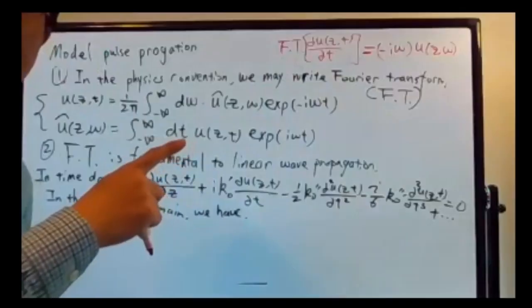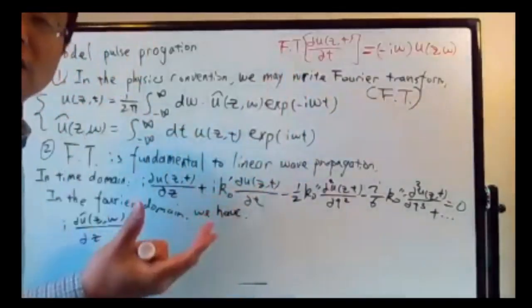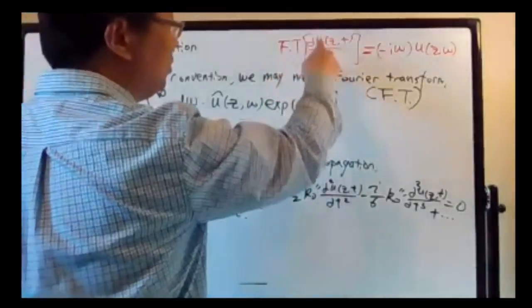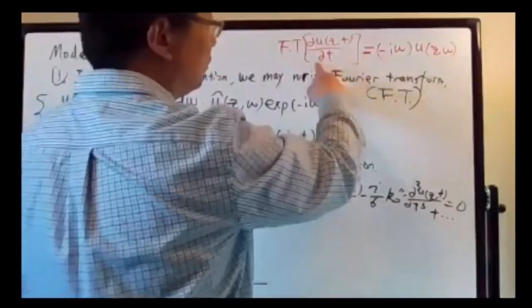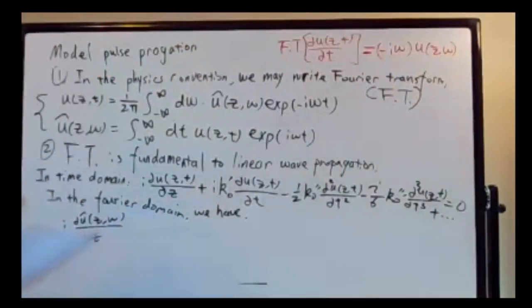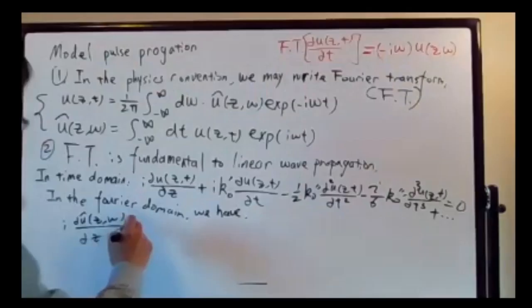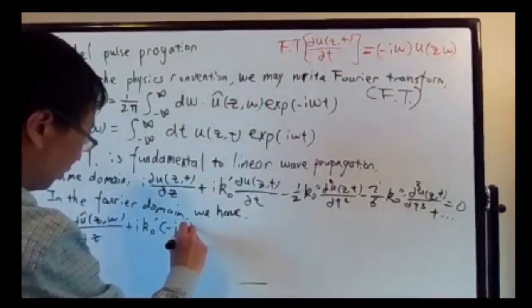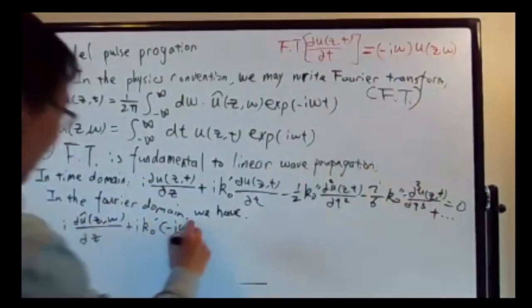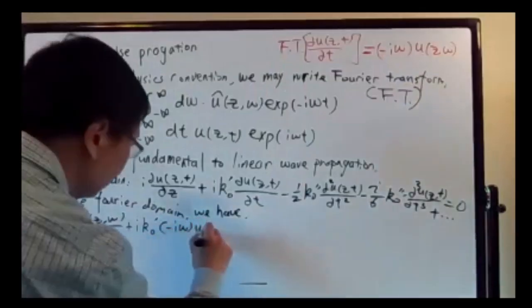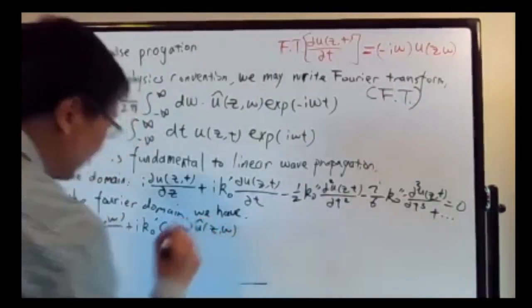I think we did this in the first class, so check your notes. If I take the derivative, what we have is negative iω. So this will be negative iω, plus i k naught prime negative iω û(z,ω).